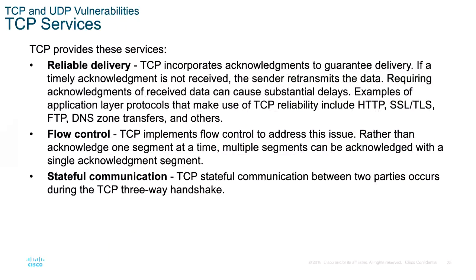Flow control enables us to adjust the amount of traffic being sent at once before we get the acknowledgement back. And we've got stateful communication. In other words, we need to make sure that the parties involved in the communication agree with each other.